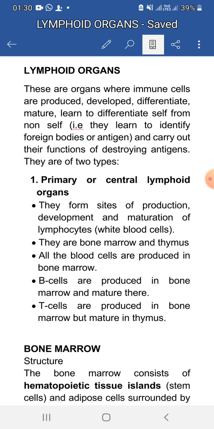So on the structure, there are a few common things that we need to know before we start discussing them. First, most of these organs are encapsulated. What that means is that they are enclosed by a capsule.